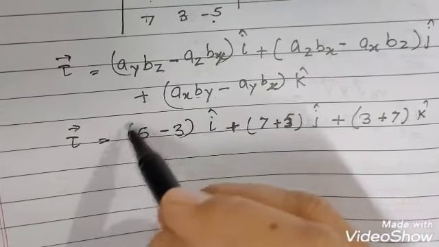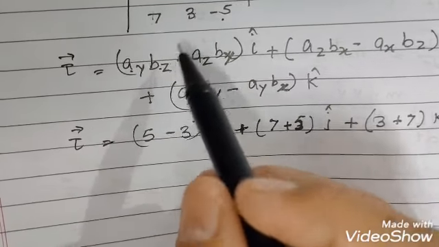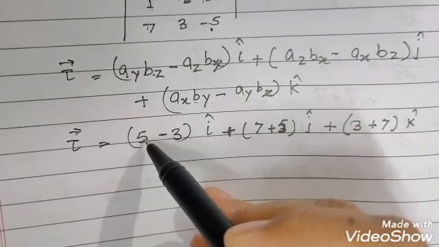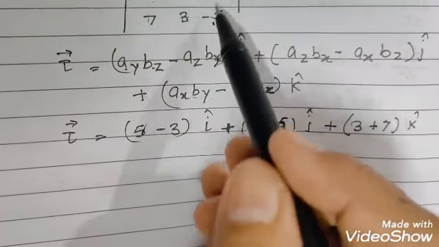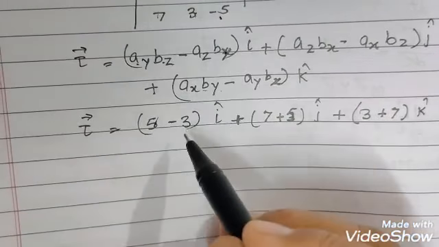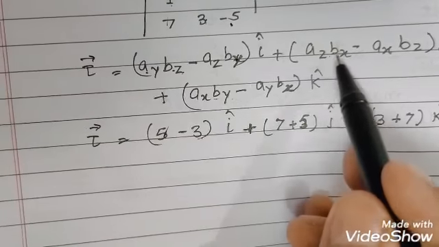So tau is equal to, by multiplying it, aybz, that is minus 1 and minus 5 multiplied, that will come 5, and azby, it will come 1 into 3, this is minus 3, so (5 minus 3) i cap here.